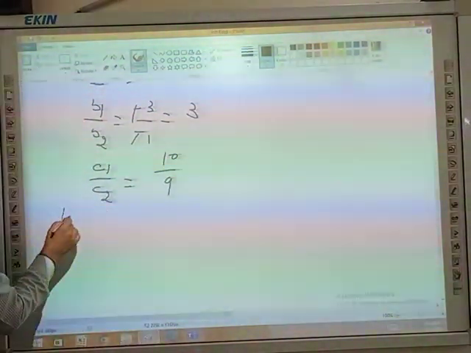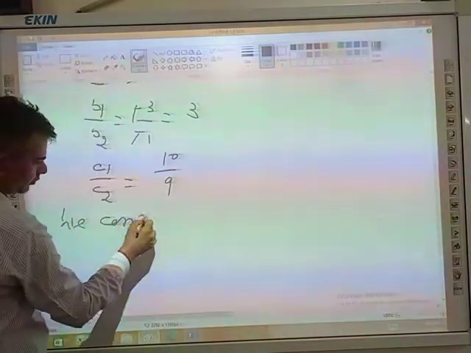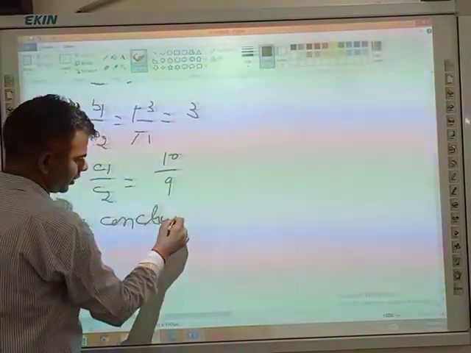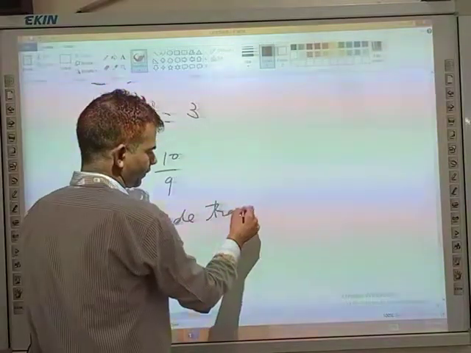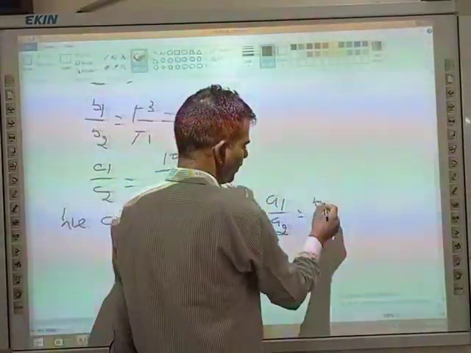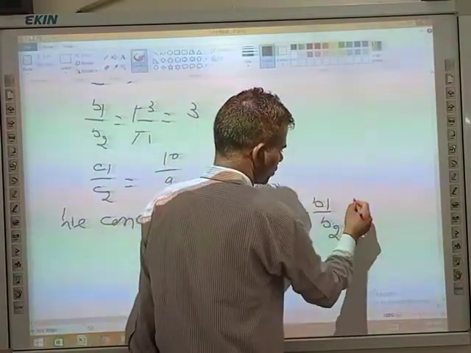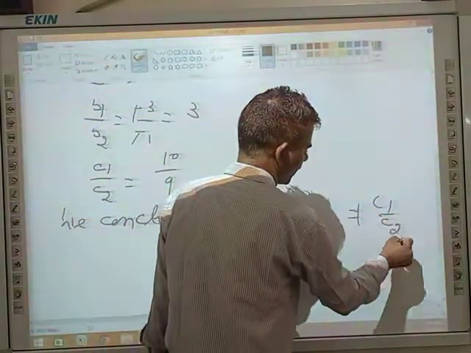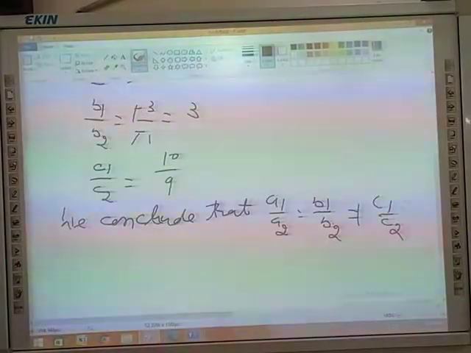Students, we conclude that there is no solution. A1 by A2 is equal to B1 by B2 not equal to C1 by C2. Is the graph an intersecting line, coincident line or parallel line graph? So it is a parallel line graph.